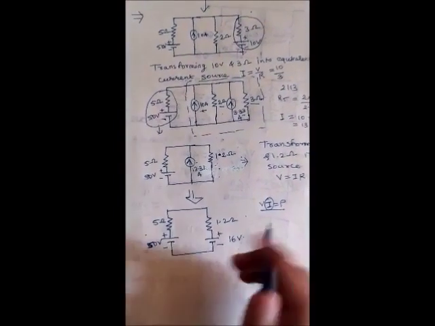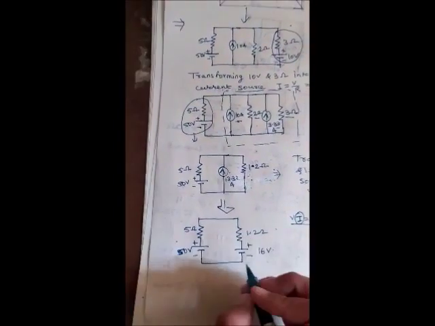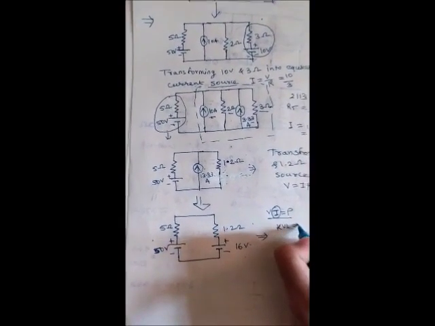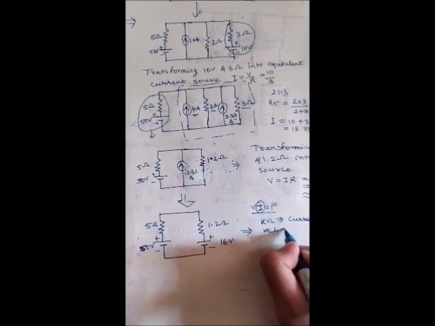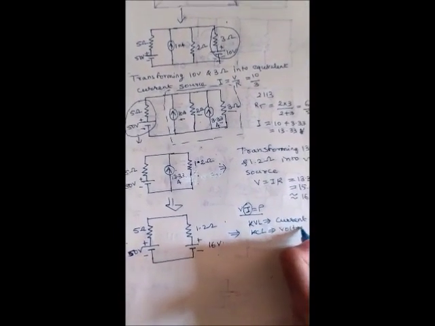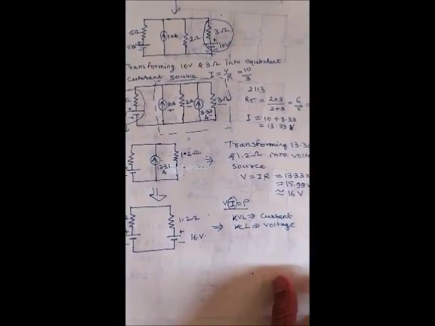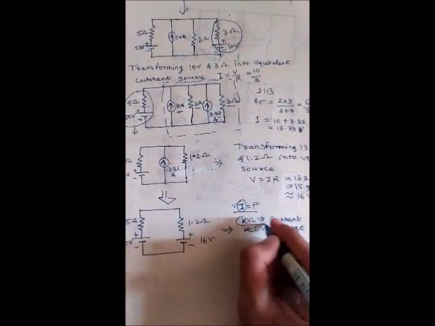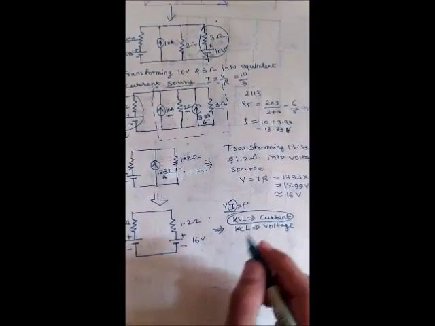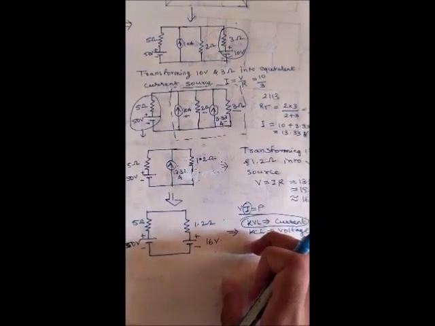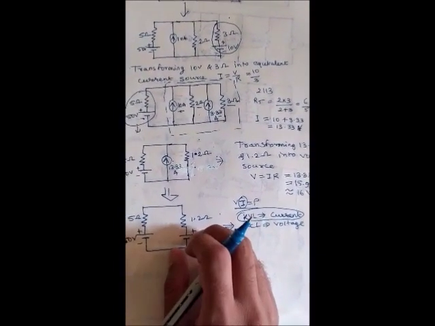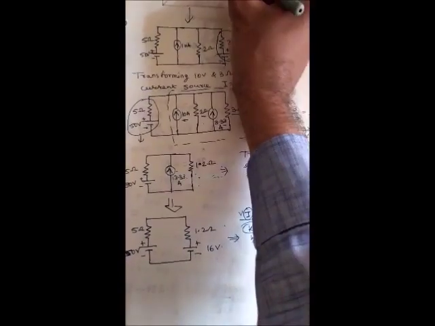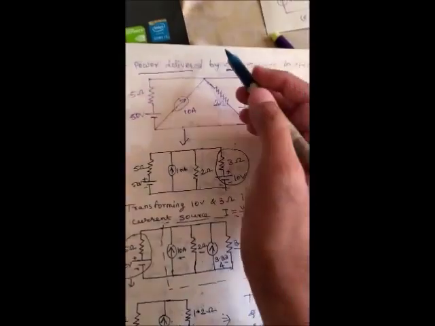To find the current, you have to apply KVL here. Keep in mind, KVL is used to find the current in the circuit and KCL is used to find the voltage in the circuit. So using KVL we will find the current I, and then we can solve the power delivered by the 50 volt source.